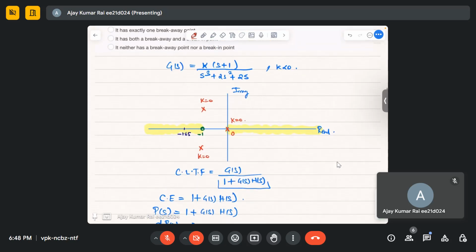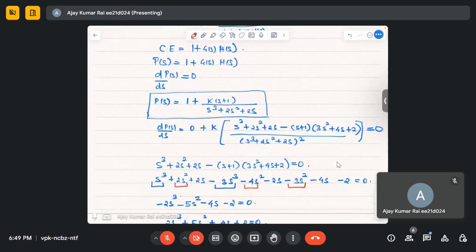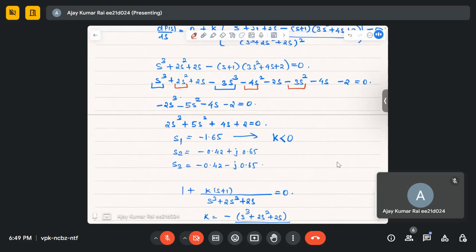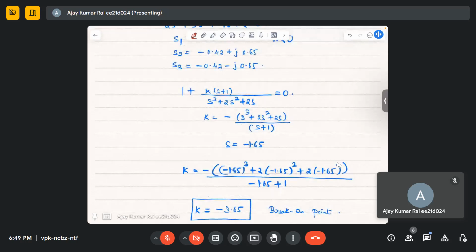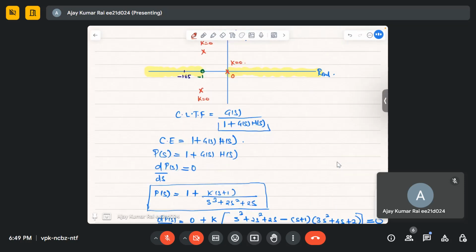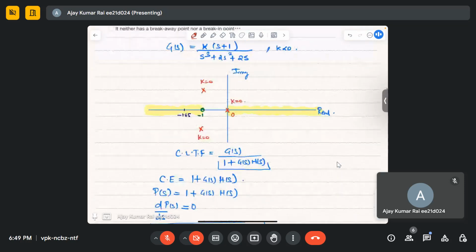So any doubt in this question? You solve this: differentiate the characteristic equation and get the value of s. For the corresponding value of s, calculate the value of k, and if you're getting k to be negative, then we are assured that we'll have a break-in or breakaway point. How can we say we have a break-in point? By looking at this situation where we have two poles in the complex plane traveling to the real axis.